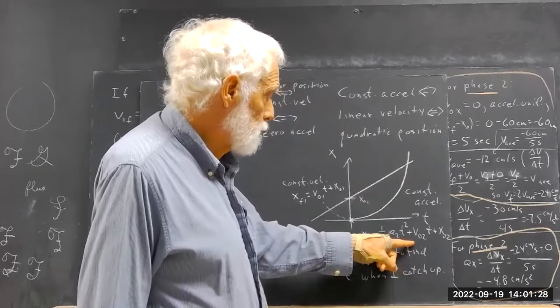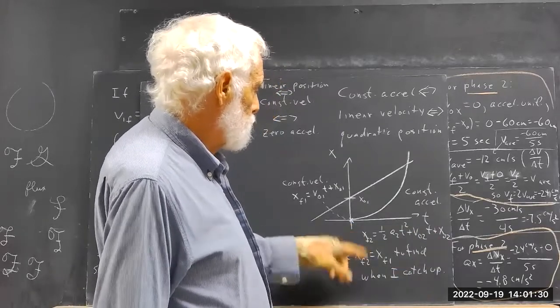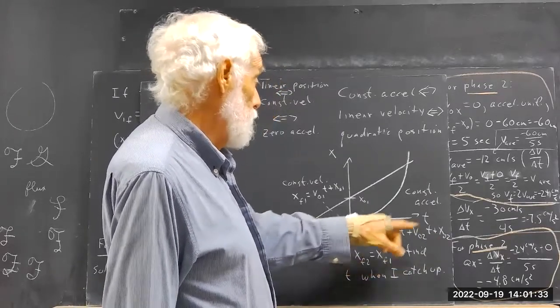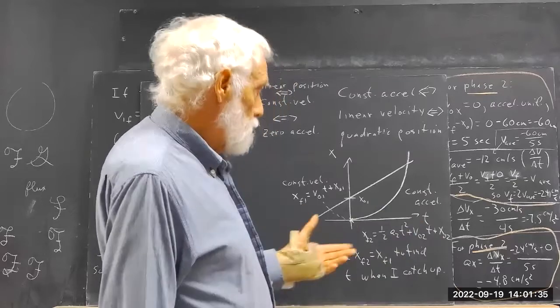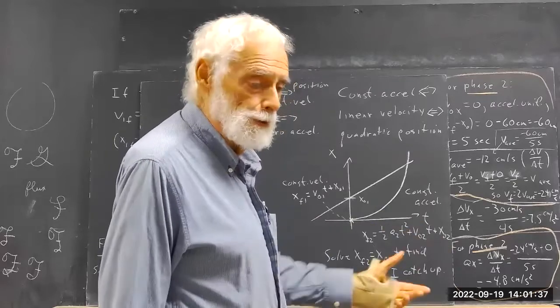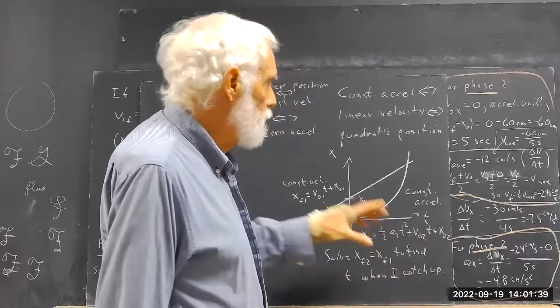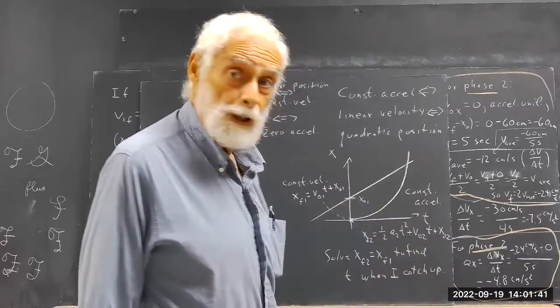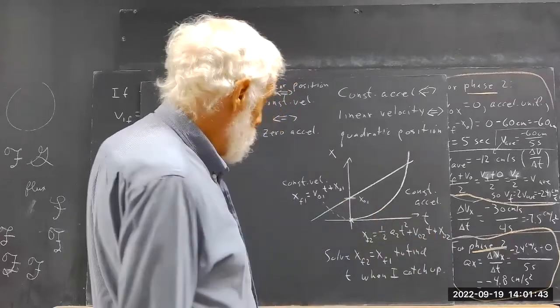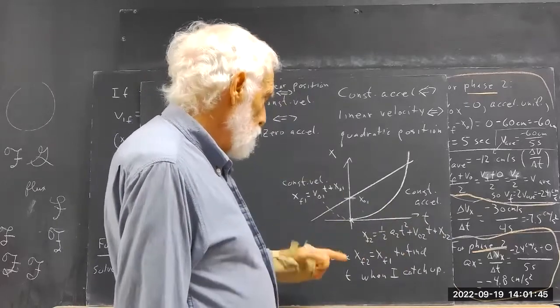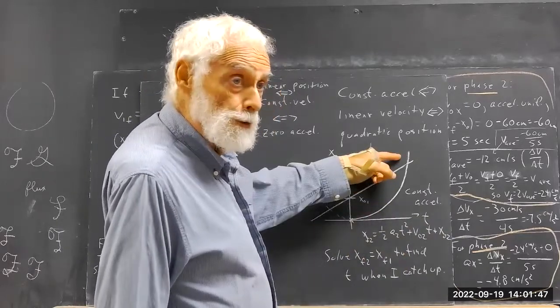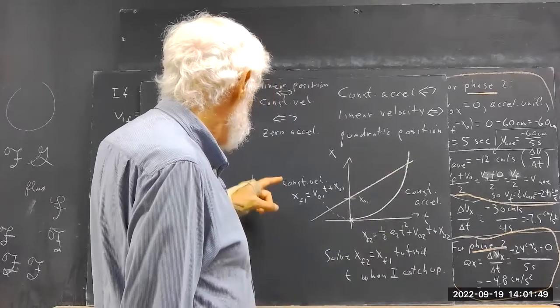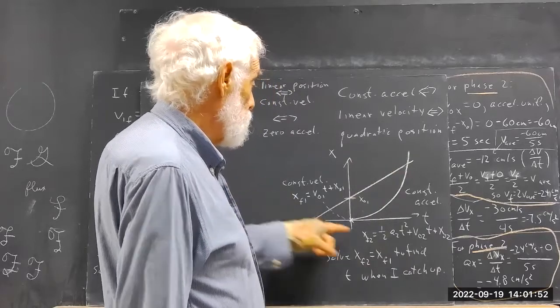So v02 would be 0, and x02 would be 0. So my position is just 1/2 a2 t squared. More generally, if I have some velocity and some position when this occurs, well, this equation accommodates whatever the conditions are.